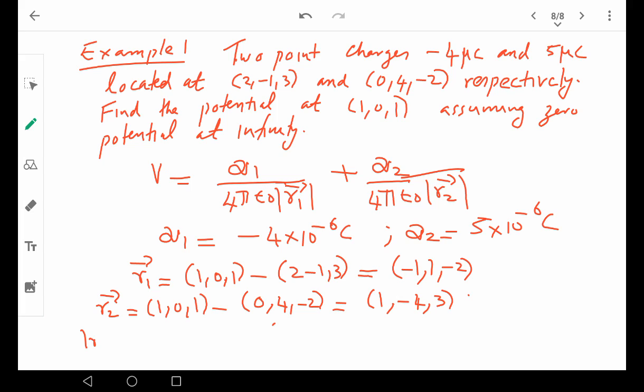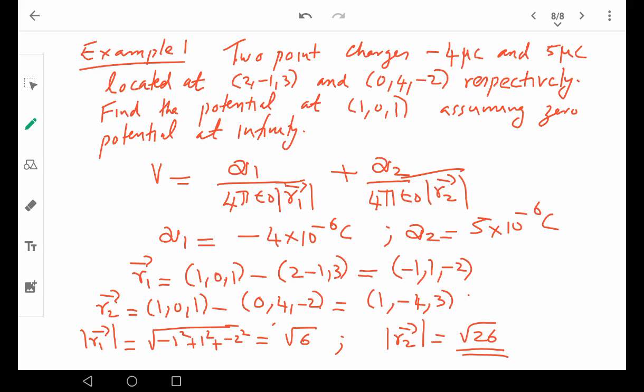So you have magnitude of R1 equal to square root of minus 1 square plus 1 square plus minus 2 square, equal to square root of 6. Similarly, magnitude of R2 is 1 square plus minus 4 square plus 3 square, equal to square root of 26.